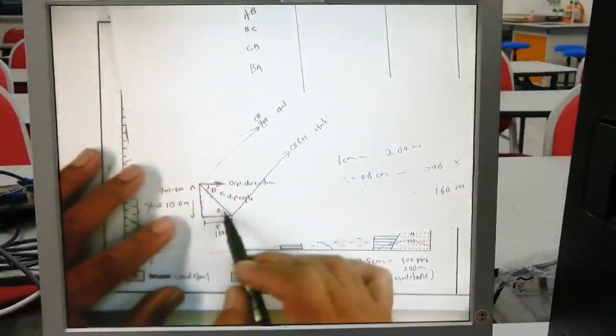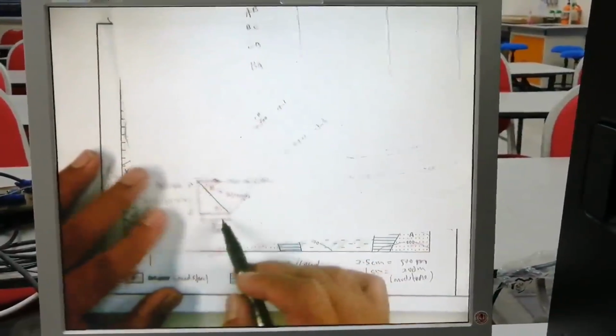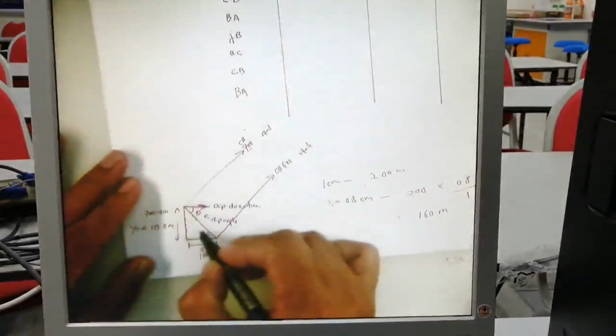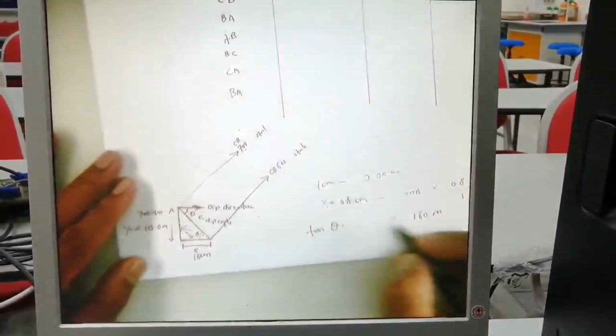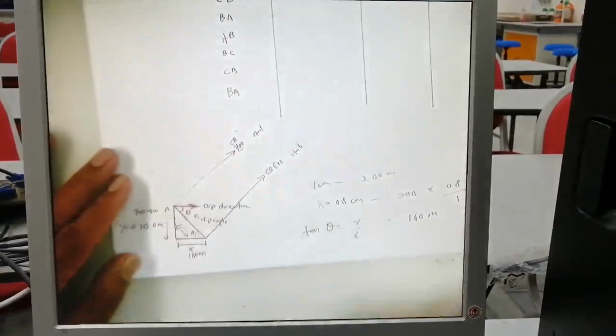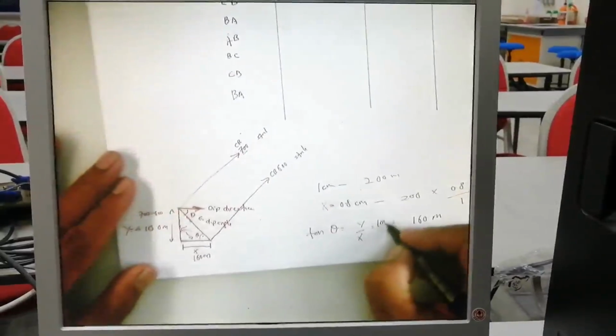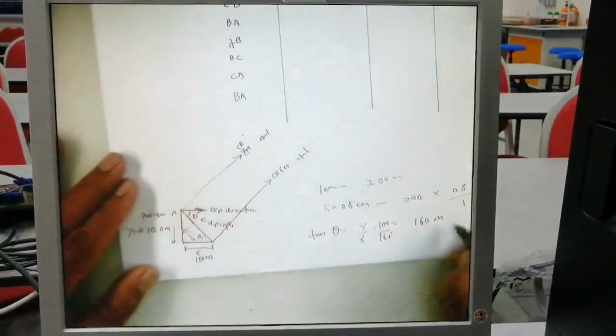How do we measure the dip angle? Tangent theta equals y divided by x, correct? So it's 100 divided by 160.